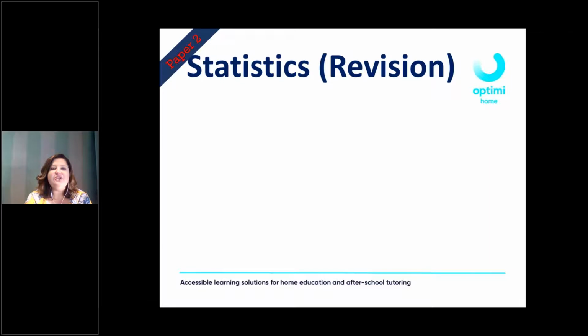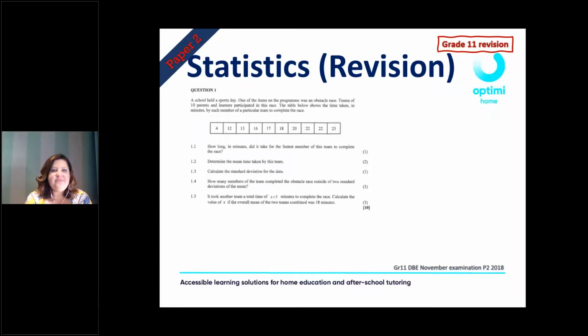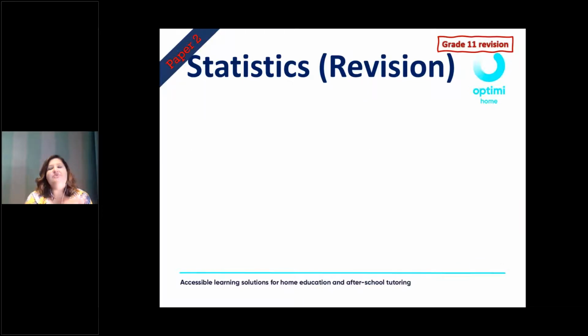Right, so what should you be able to do in statistics? As I mentioned, we're going to focus on grade 11 revision for now. Right, so if you think about statistics, you have to know your mean, your mode, and your average.